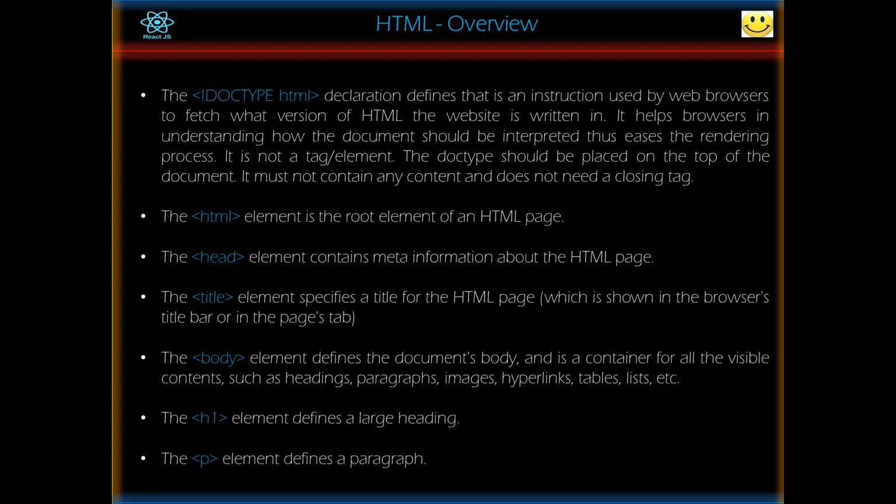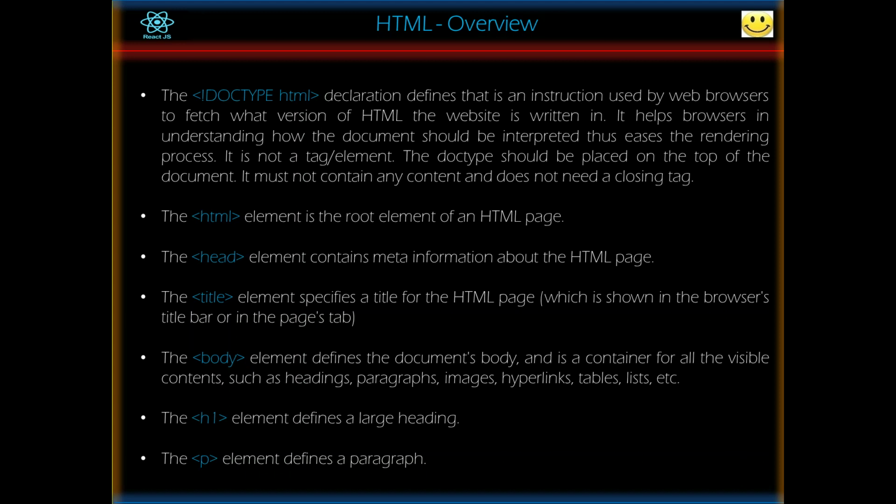Let us see the description about each line on the sample file, that is HTML file. The exclamatory mark doc type HTML declaration is an instruction used by web browser to fetch what version of HTML the website is written in.